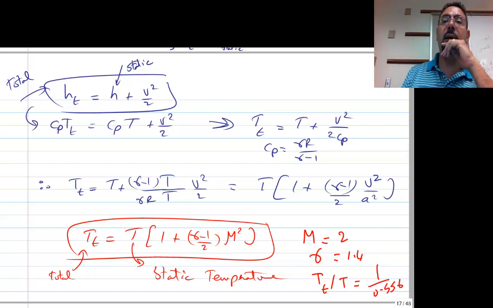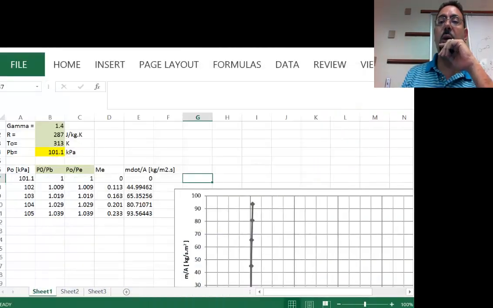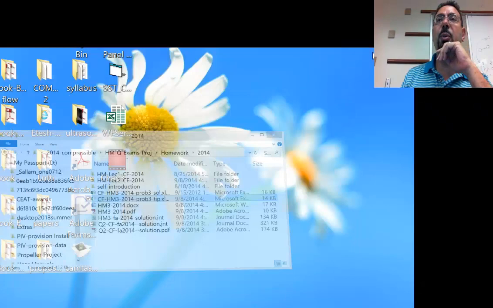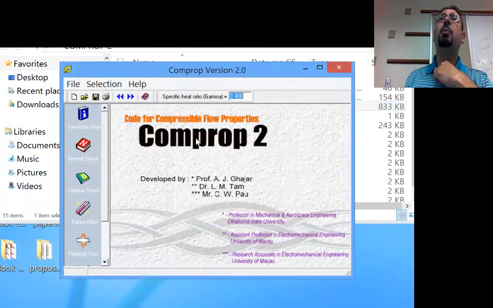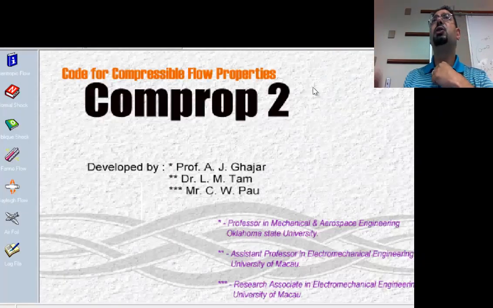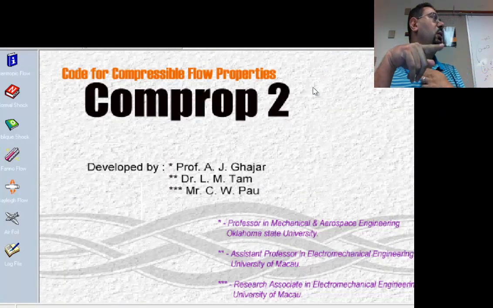Now in the homework, however, you can afford to spend more time, especially since there is this software that I uploaded for you. This software is uploaded to Desire to Learn under the homework section.